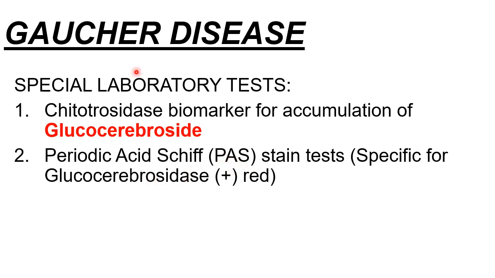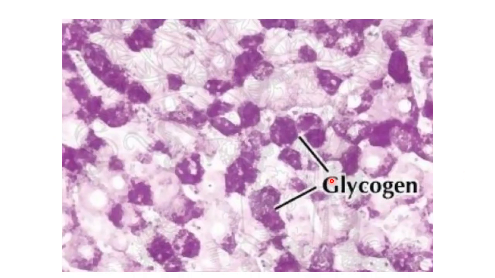PAS negative sa Gaucher kapag walang presence of your glucocerebroside. Kasi kailangan may presence of this in order to become positive in PAS stain test. So again, ito yung mga accumulation of the glycosaminoglycans. So mukha silang mga crumpled paper under microscope, supposedly.